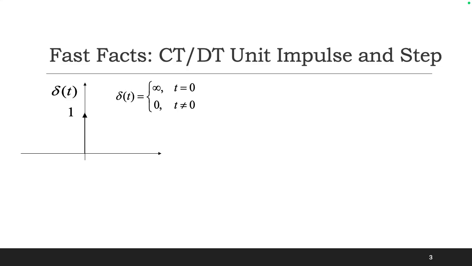There is an arrow or a dot. Yes, an arrow. Why? The value is not one, but the area is one. This is the mathematical form for the CT unit impulse function.